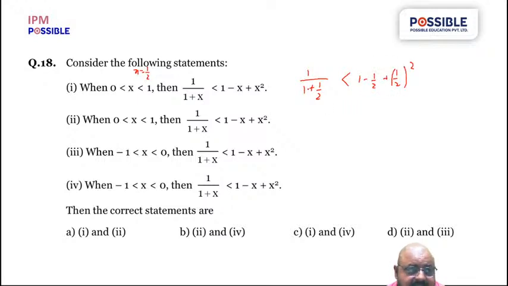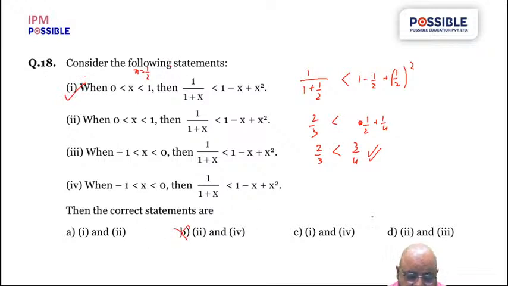Which means this becomes 1 upon 3 by 2, so 2 by 3 being less than 1 minus half plus 1 by 4. As you can see, this is minus half, this will be half, this will be 1 by 4, so 2 by 3 being less than 0.5, 0.25, 0.75, 3 by 4. So this is true. Since it is true, therefore 1 has to be true.